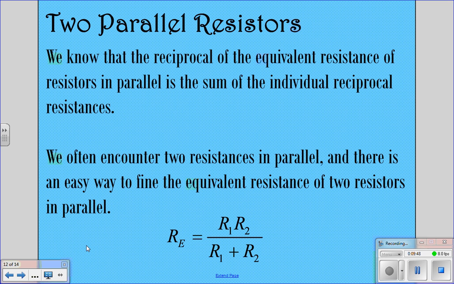And they show you pretty quickly how to solve for that in the book on page 381. But basically, that formula I just wrote, 1 over R sub e equals 1 over R sub 1 plus 1 over R sub 2, you just solve that for R sub e, and you know how to do that algebraically, but that's how you end up with the formula that's written at the bottom.